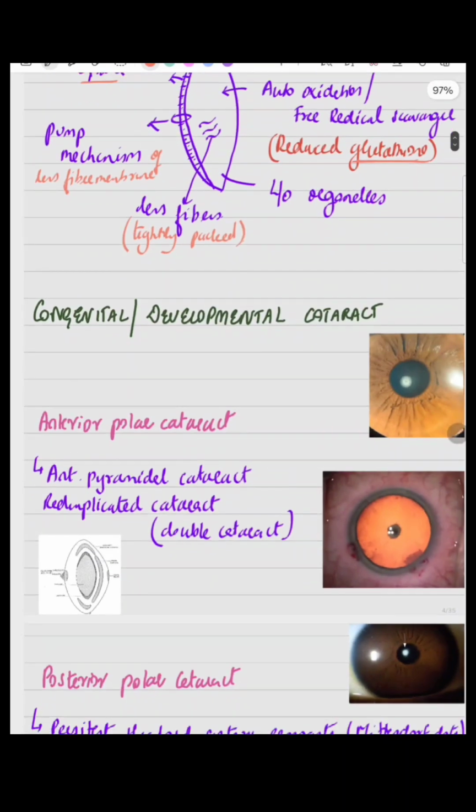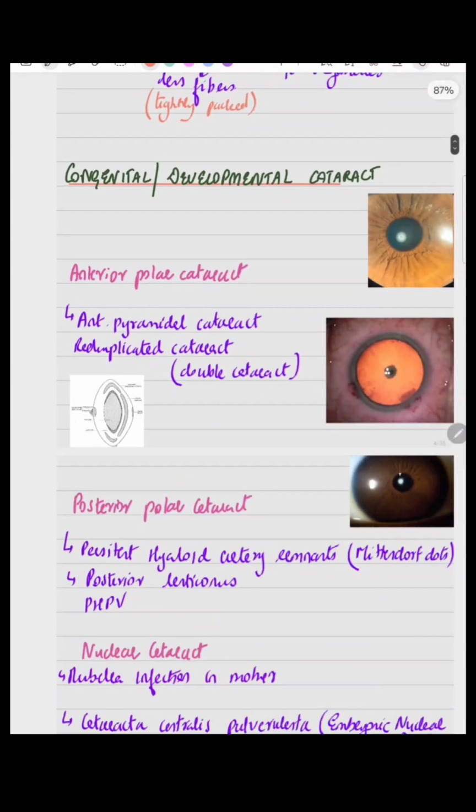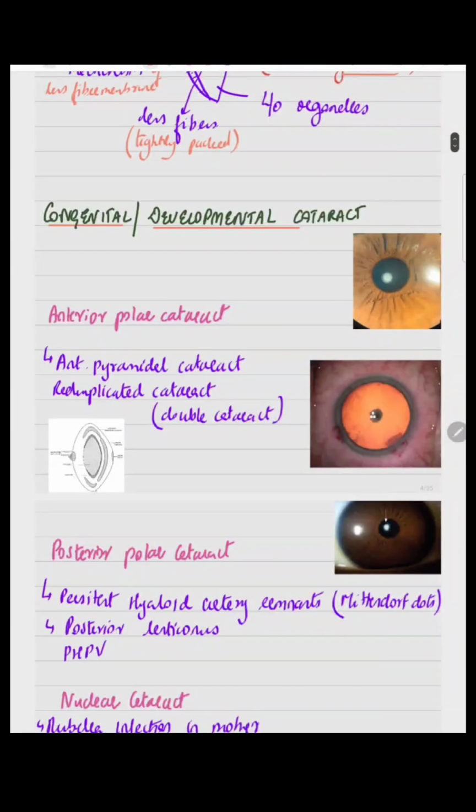Next, coming to congenital and developmental cataract. It can be of different types. First is anterior capsular cataract or posterior capsular cataract.